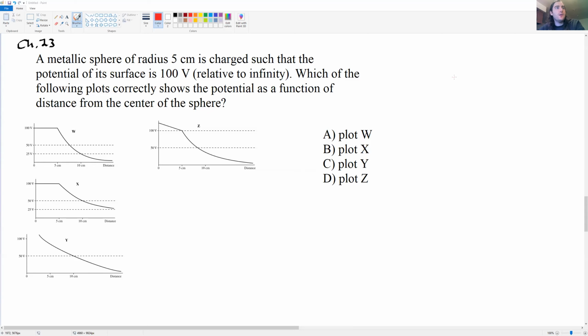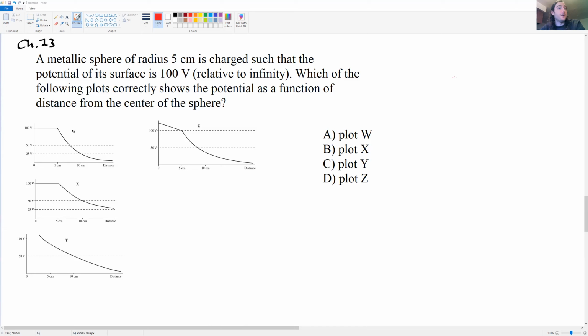All right, so our next question is beginning our chapter 23 review. We have a metallic sphere of radius 5 centimeters charged such that the potential of its surface is 100 volts relative to infinity. Which of the following plots correctly shows the potential as a function of distance from the center of the sphere?